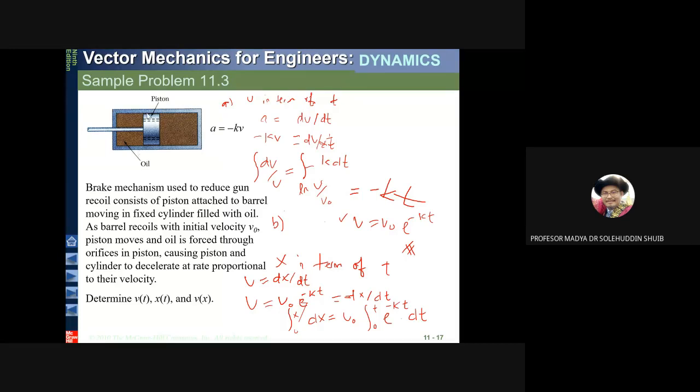Okay, after that, when you do the integration, you're going to get x.